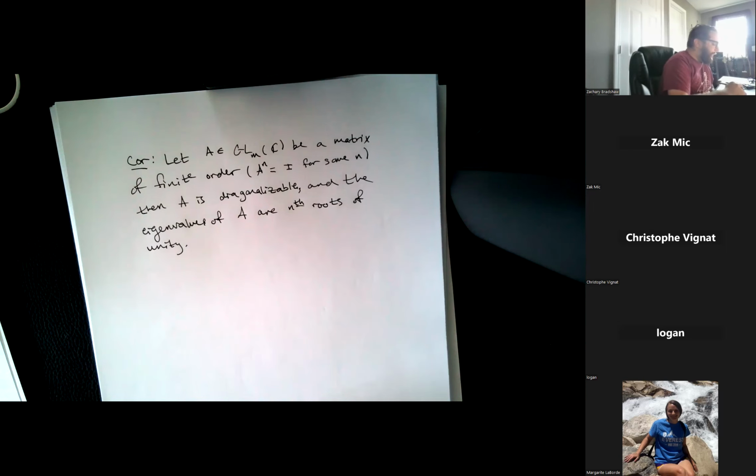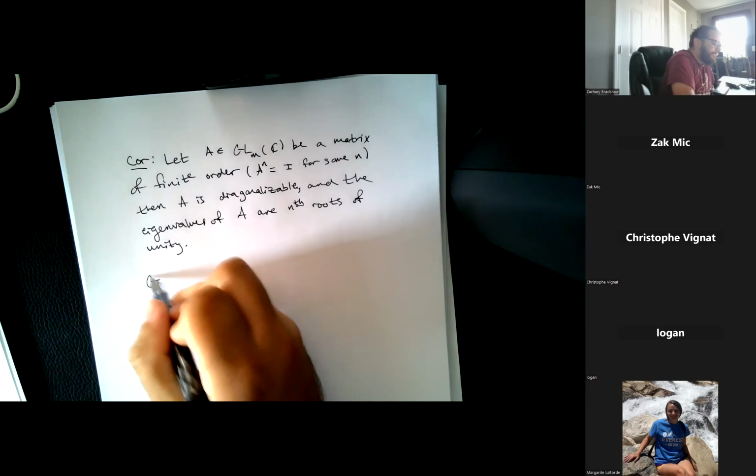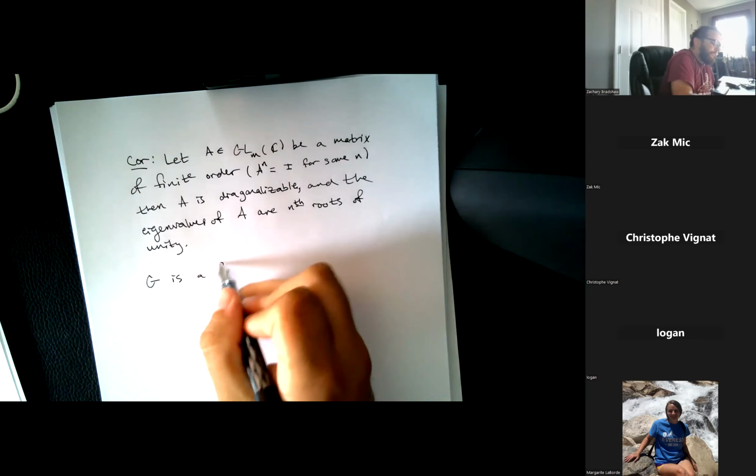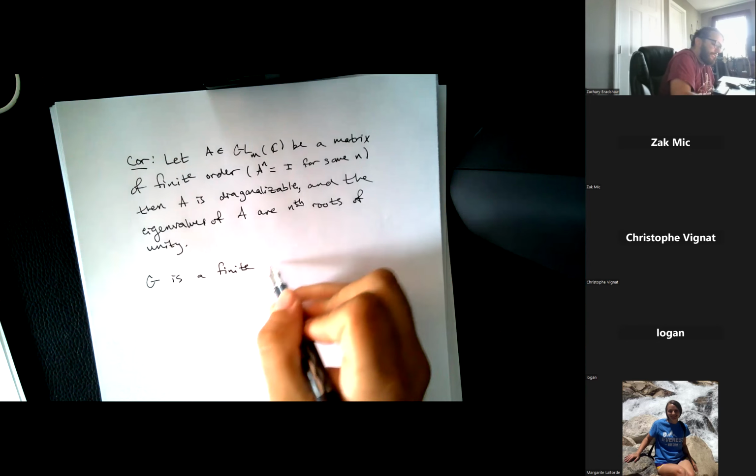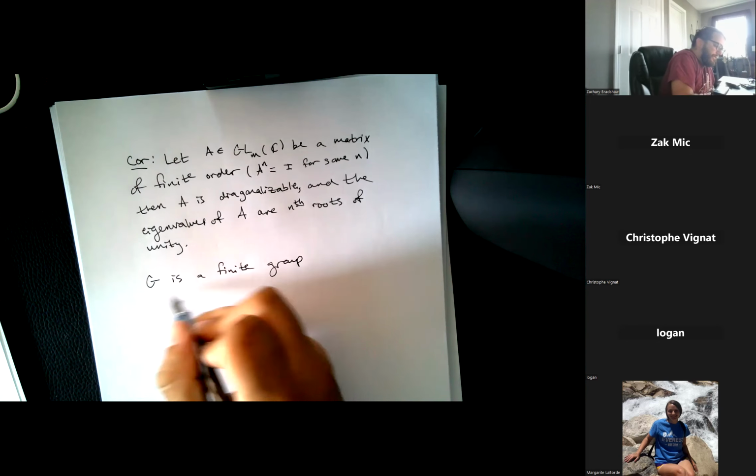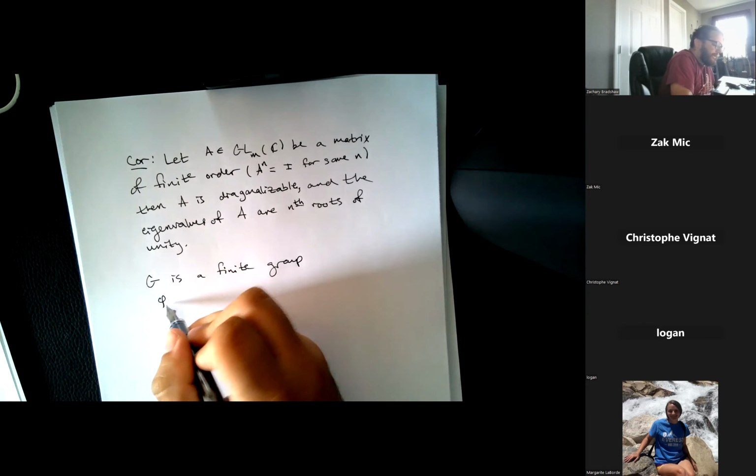From now on, just to get all the notation on the table, G is going to be a finite group. Phi and G, I already defined those as representations.